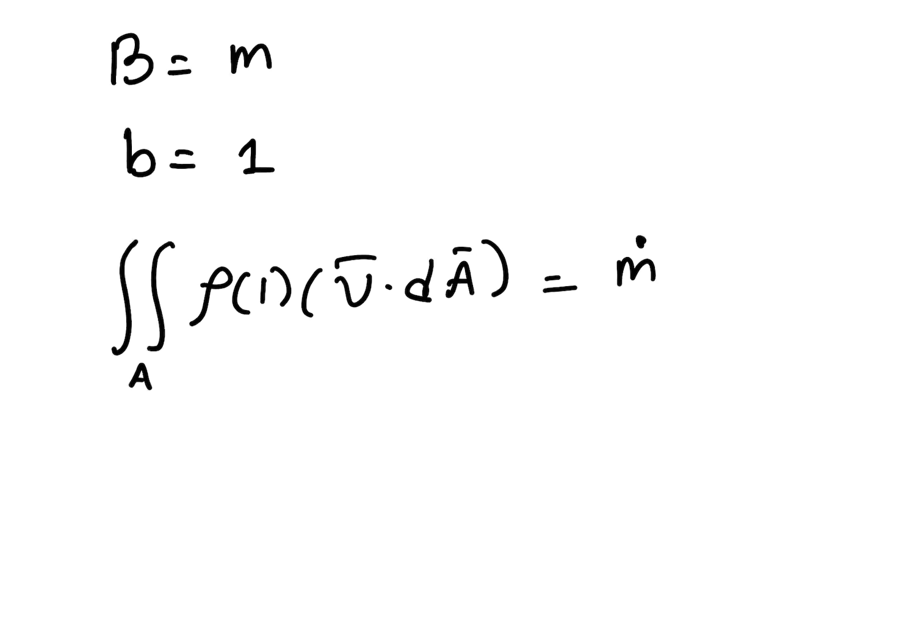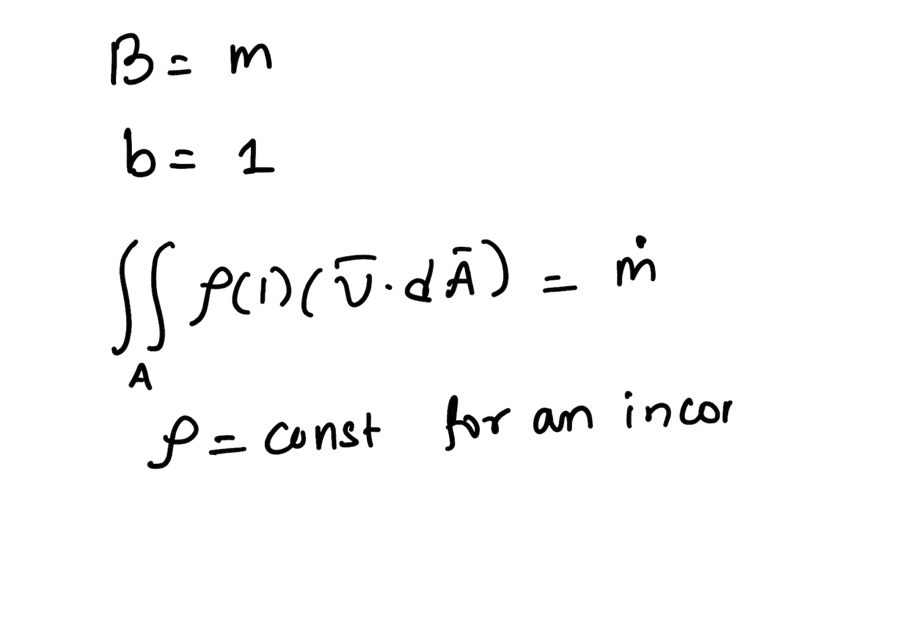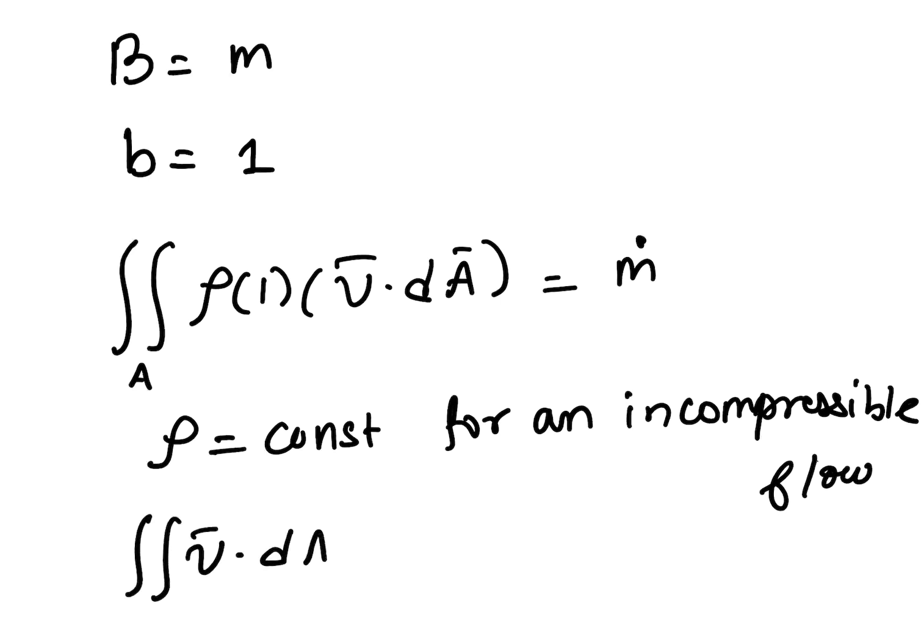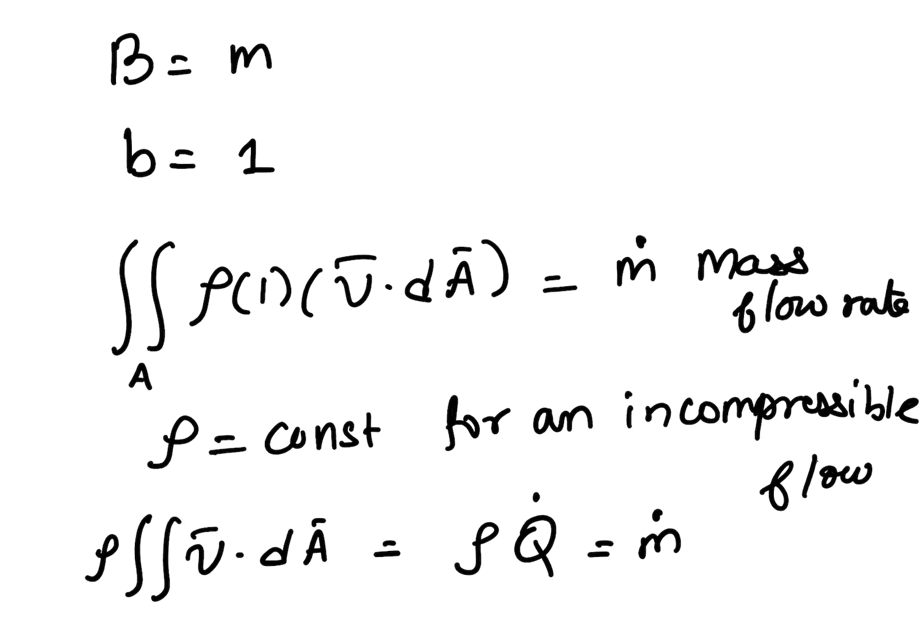You could recall that for an incompressible flow, rho is constant, and the integral of v dot dA times rho is simply rho times the volume flow rate, which is the mass flow rate. And Q is the volume flow rate.